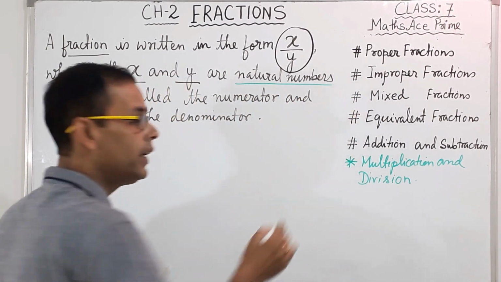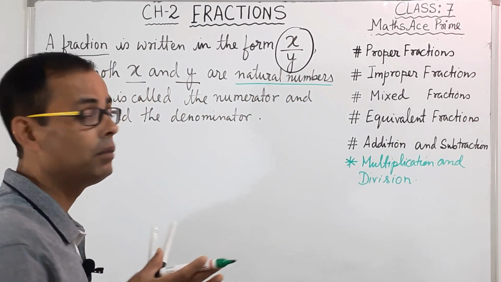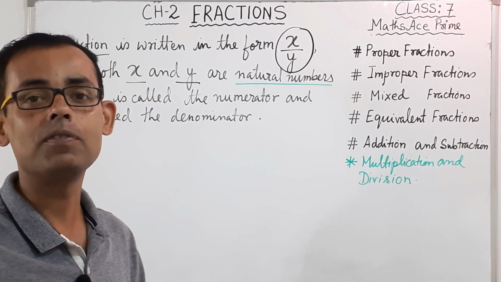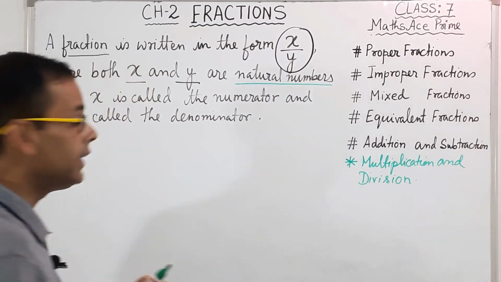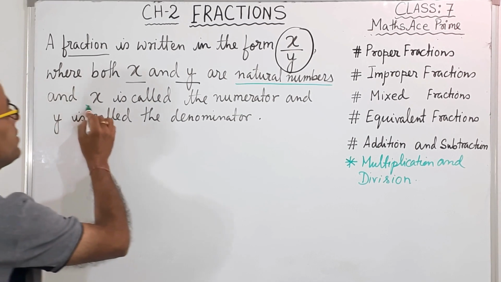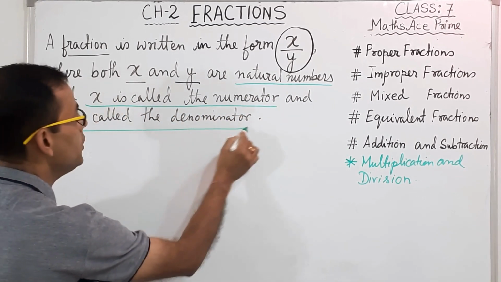Already I have told in our previous classes that natural numbers are 1, 2, 3, 4, 5, 6, and it goes on. These are all natural numbers. And x is called the numerator and y is called the denominator.